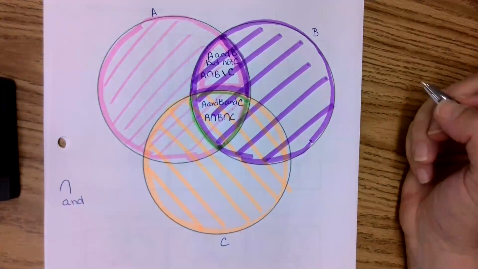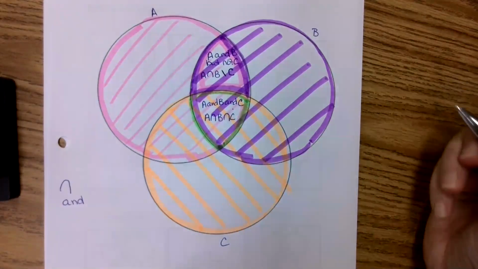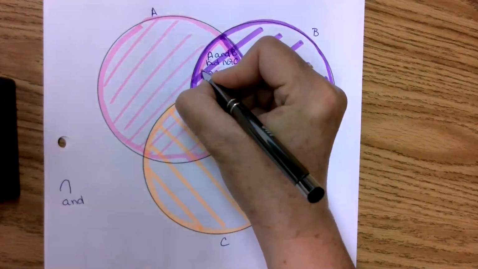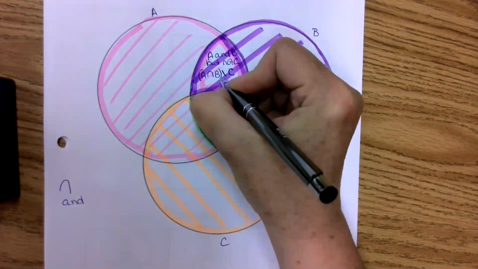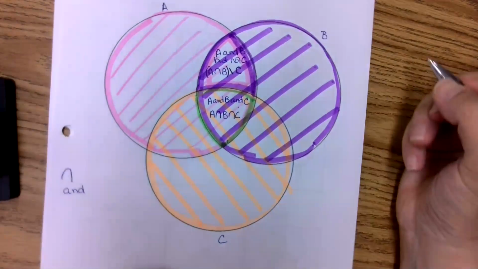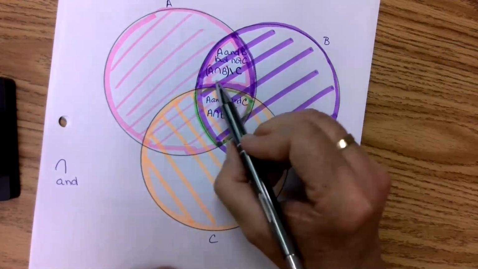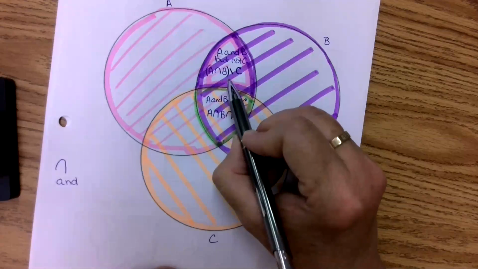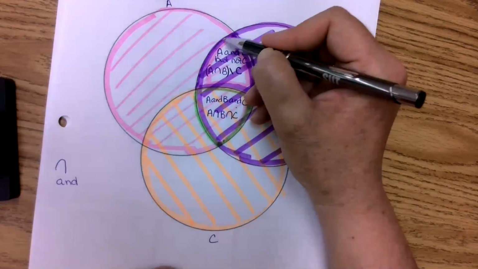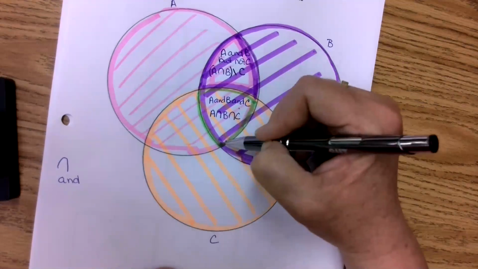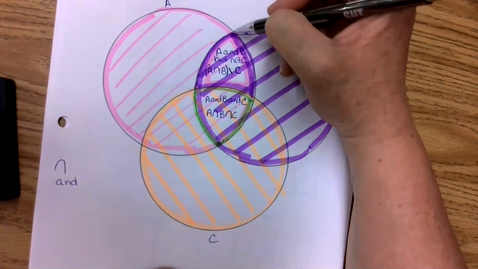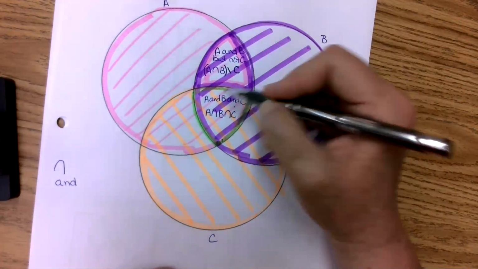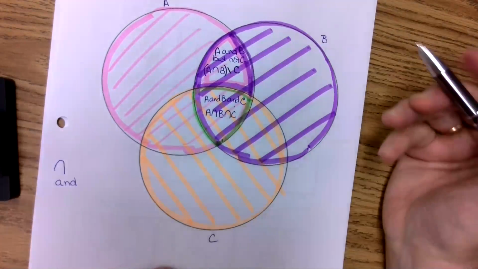But not C. And just to be sure, and make it really clear, there we go. Because that was my thinking. It's the intersection of A and B, which actually is this whole eyeball shaped area, but we're not including the C part. So we got to cut that bottom part off.